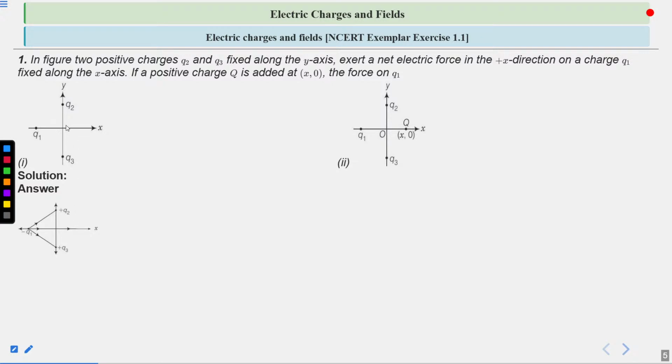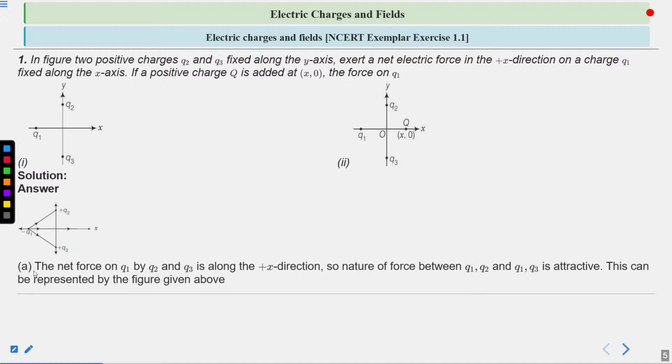Look here, according to the question, Q2 and Q3 are situated on the y-axis. So the net force on charge Q1 due to Q2 and Q3 along the x direction is what?